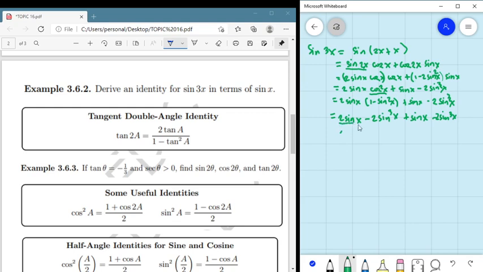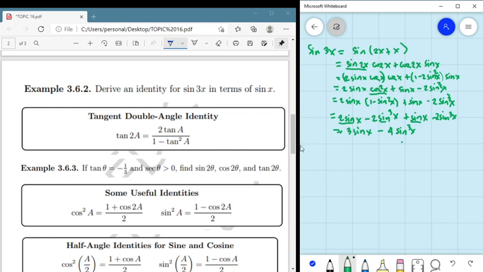Simplifying by combining these together, it would be 3 sine x minus 4 sine cubed x. That is all for 3.6.2.